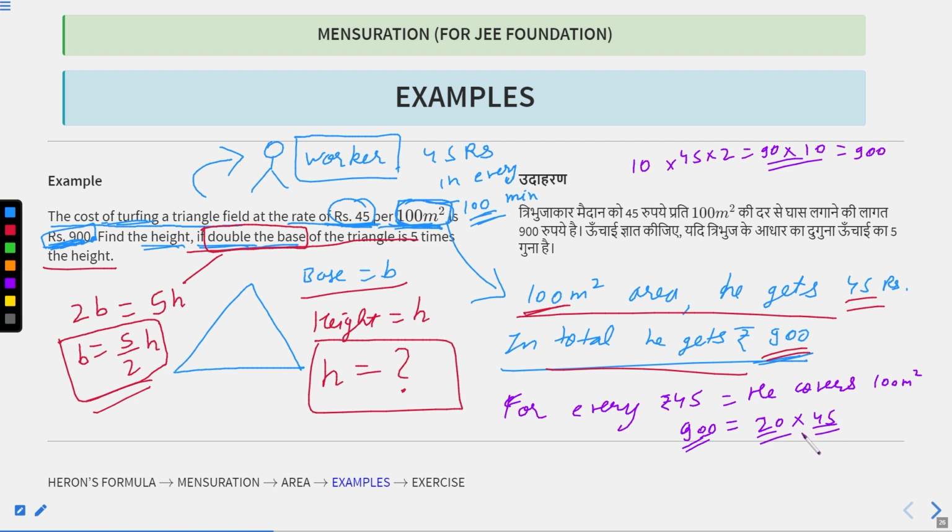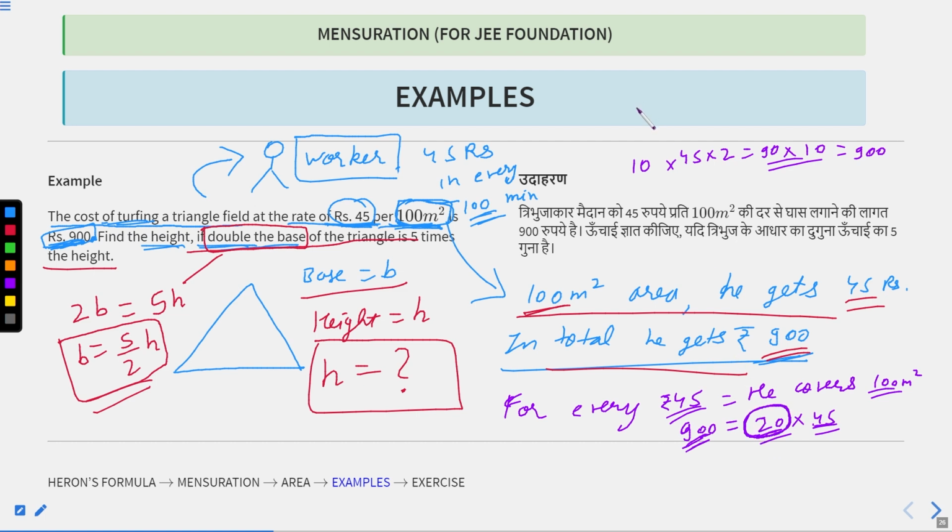That means he charged 900 rupees in total. If I do 20 times 45, he charged 900. So for every 45 he covers 100 meter square, and now we easily see that he covers 20 times.